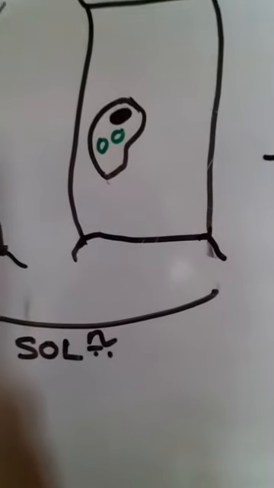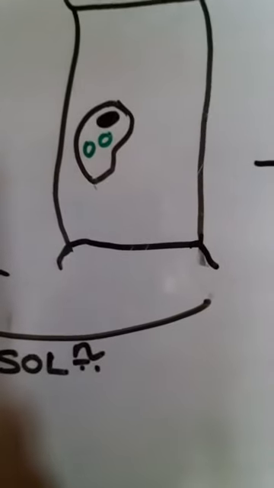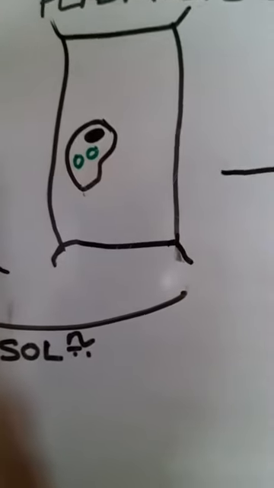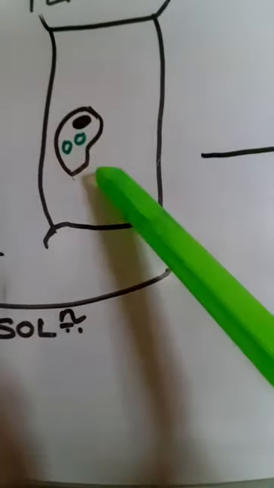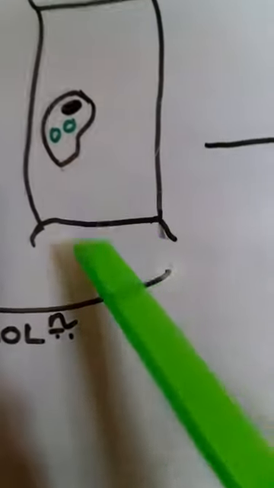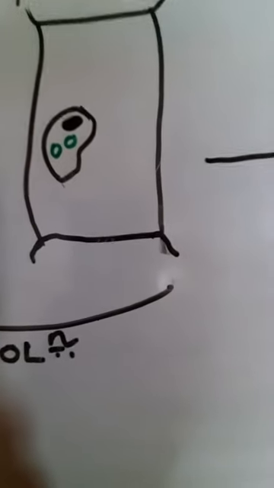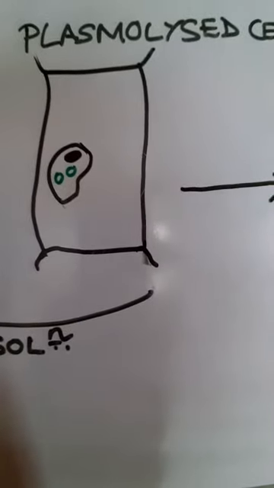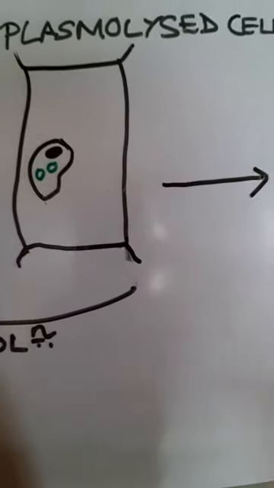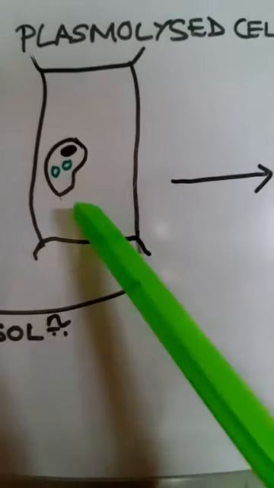This is called the plasmolysed condition of the cell, when the plasma membrane has left the cell wall, because of the exosmosis, water has come out of the cell, and this is a plasmolysed cell. There's lysis, that means the plasma membrane has left the cell wall.